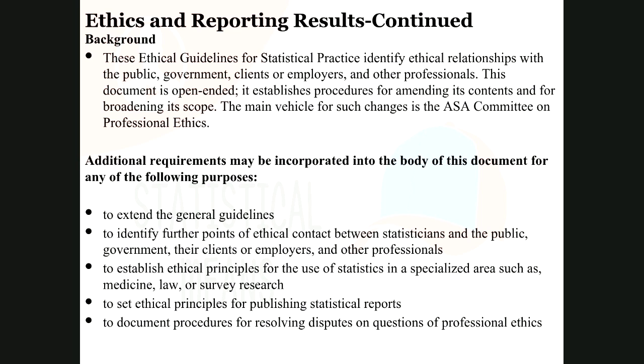Anybody else? You want to send it again? Send it again. Right.